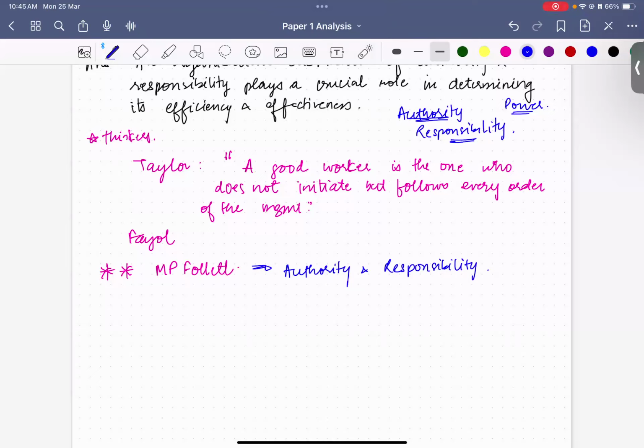There is Weber also who talked about authority and responsibility. He talked about domination, he talked about power, all of that. But the best explanation till now has been given by MP Follett.